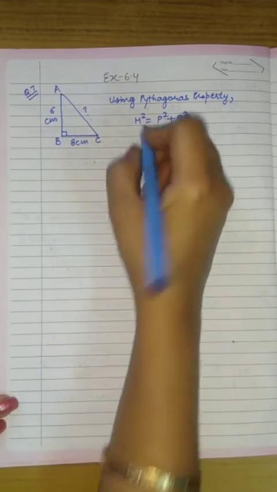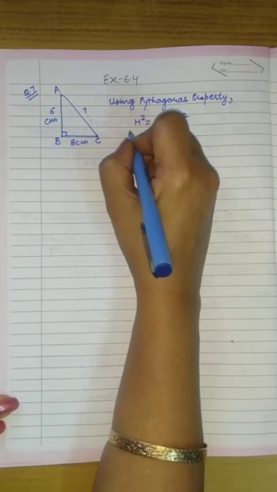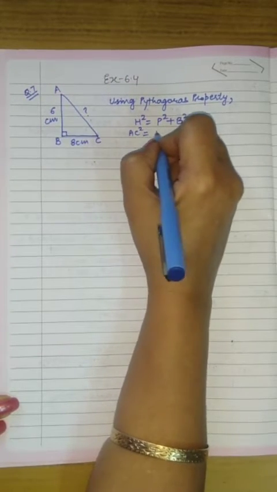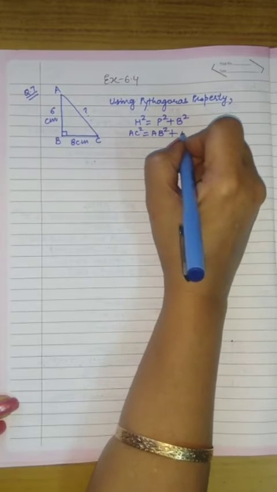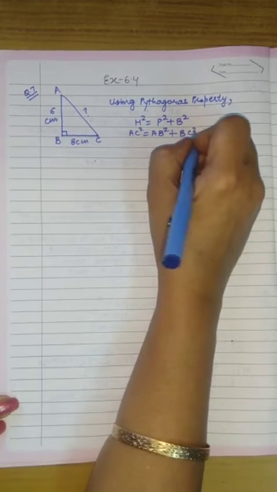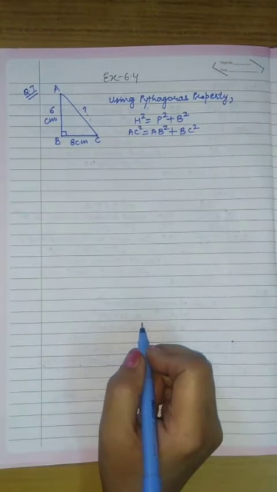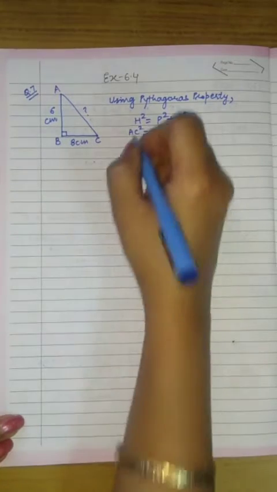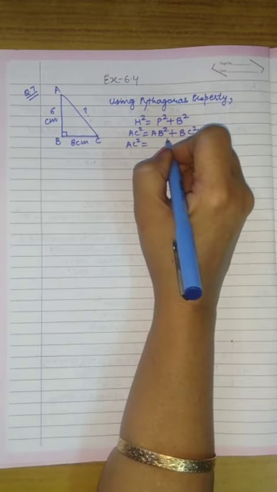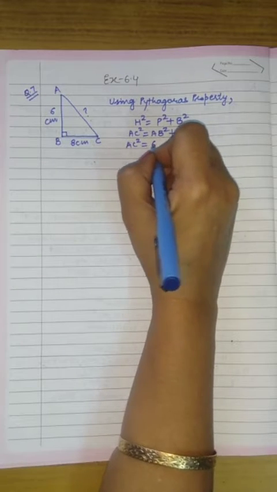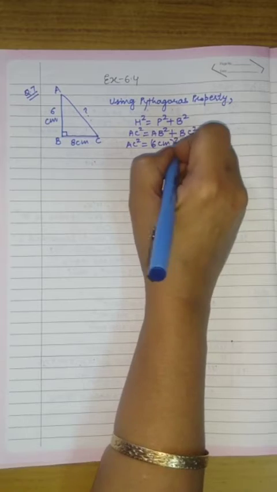So what is H? AC, so we will write AC square. What is P? AB, so we will write AB square. And what is base? That is BC, BC square. So we will put the values given in the question. AC we have to find, so it will remain as it is. AB is 6 centimeter and whole square.